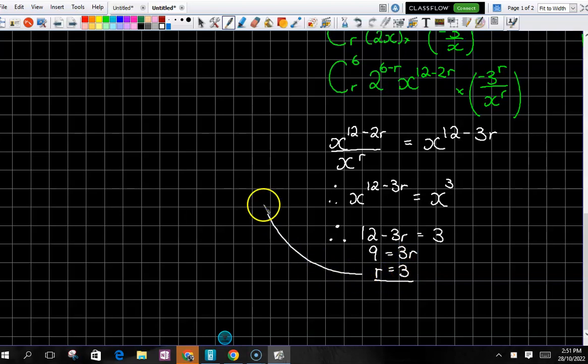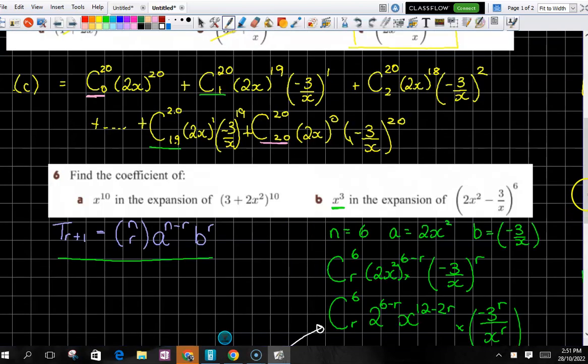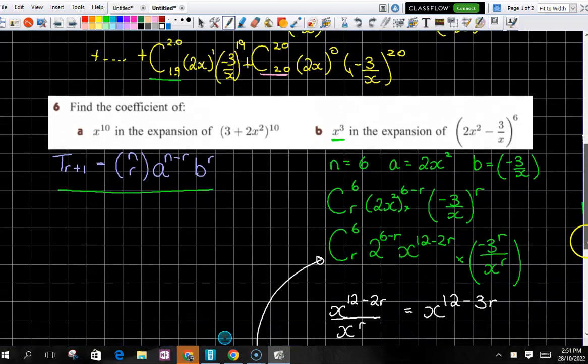How do we get the coefficient? Well, sub that back up here. Okay, the coefficient will then be C6, 3. Where else did we have, oops, that jumped dramatically.